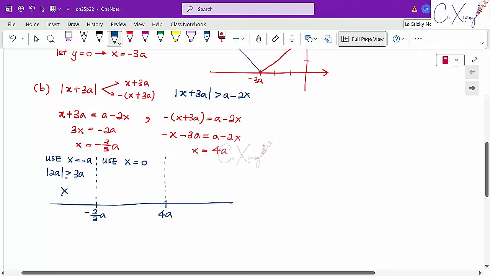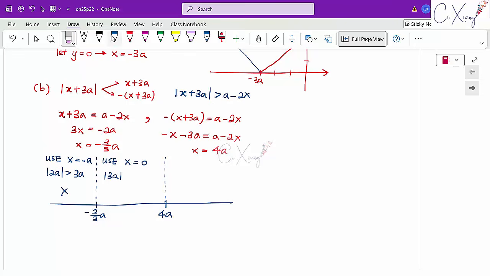Substitute x equals 0, you're having modulus 3a for the left-hand side, greater than a. Is this a correct inequality? Yes, right? So that means the answer from this part is correct and I want to accept the answer from this part.